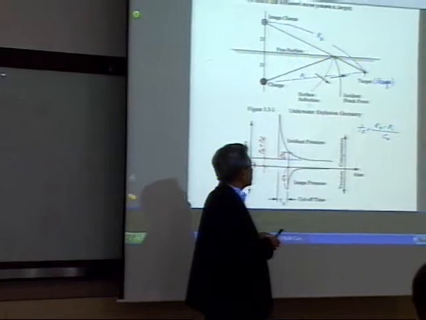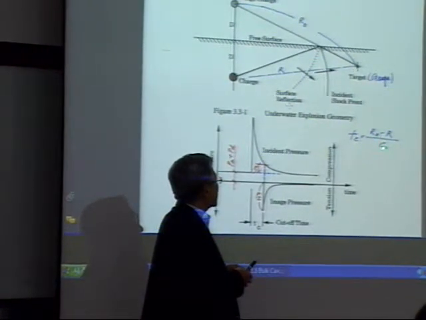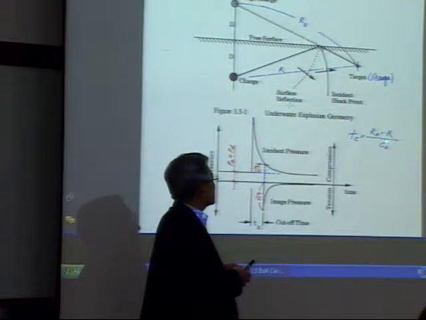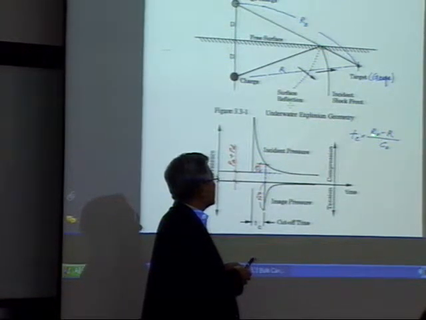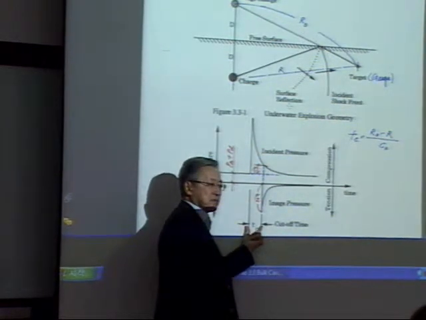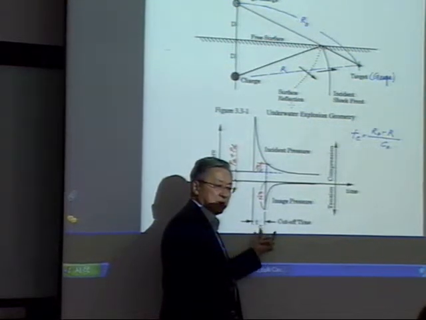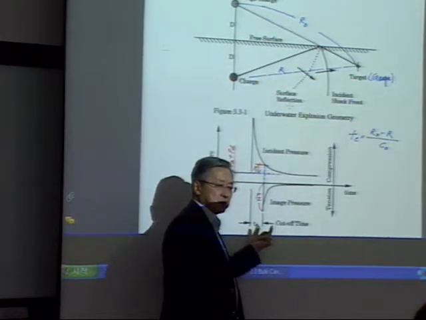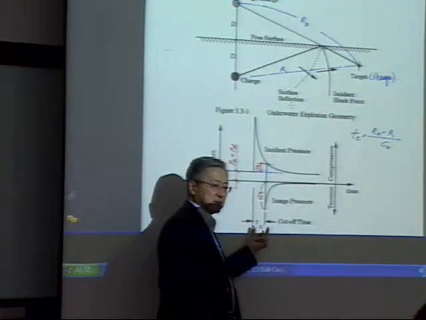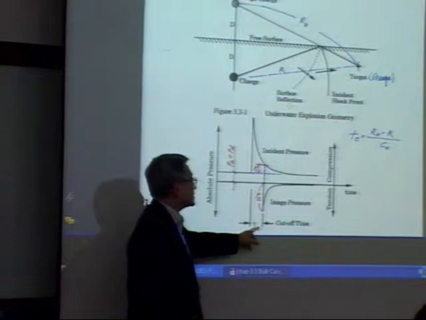So R naught over C naught minus R over C naught, put together, R naught minus R over C naught is the TC time. Don't forget, even if you understand now, later, I'm warning you, you have a chance to forget. So this is the so-called cutoff time.